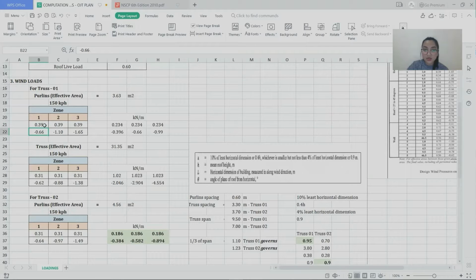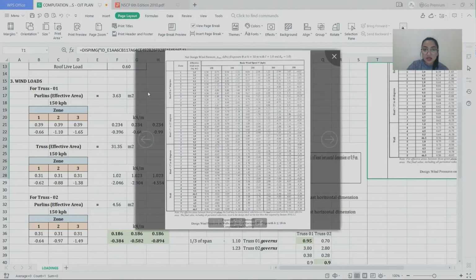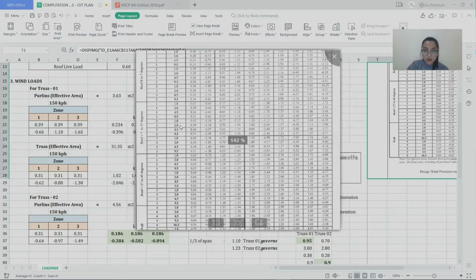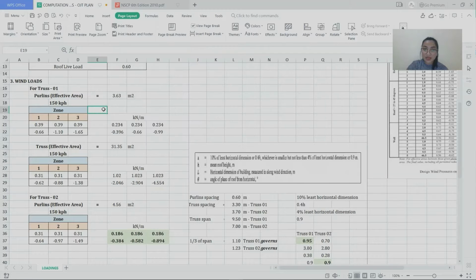We have here 0.39 and negative values. Then again, for zone 2, ganun pa din, 0.39 and negative 1.10. And then for zone 3, we have 0.39 and negative 1.65. After that, para makuha ang mga values, i-multiply lang nako ang 0.39 sa purlin spacing, since sa purlins man ang effective area ang ginakuha for the wind loads.